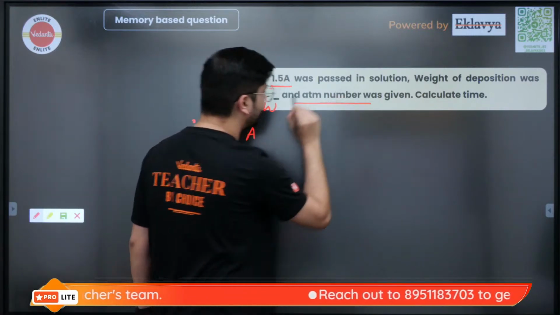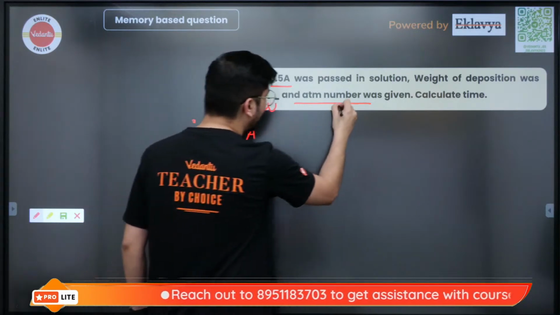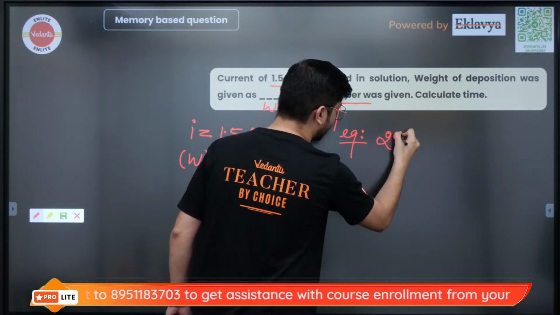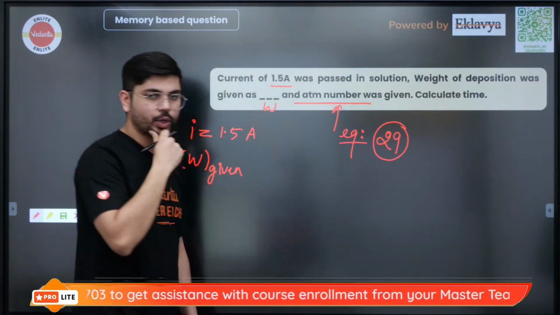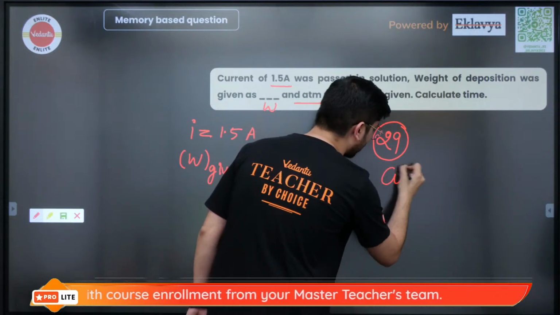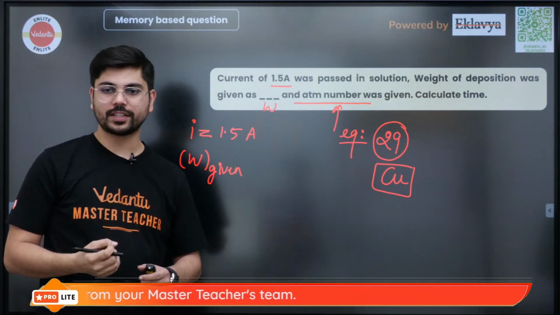And the atomic number is also given. So for example, the atomic number is 29. Yeah, 29 corresponds to copper. So how do I get copper when I do the electrolysis of it?